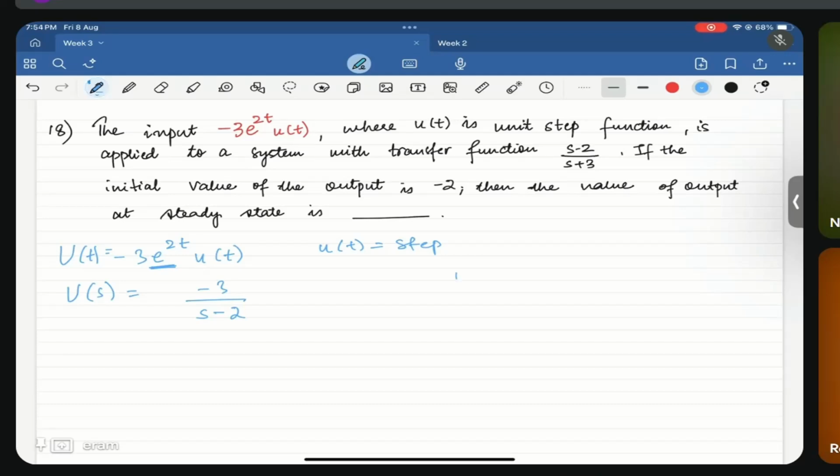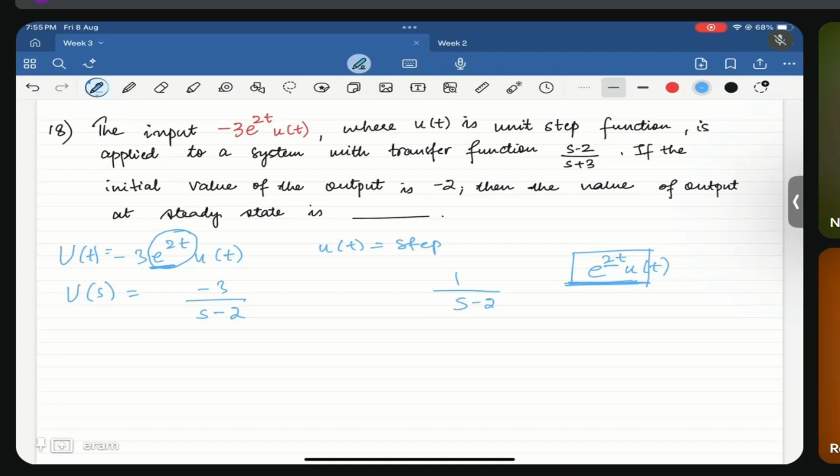No, it is 1 by s, right? But there is this exponential term, because of which s will be shifted by which value? By 2. So minus 2. e to the power 2t doesn't have a transfer function, it just shifts s by this factor.